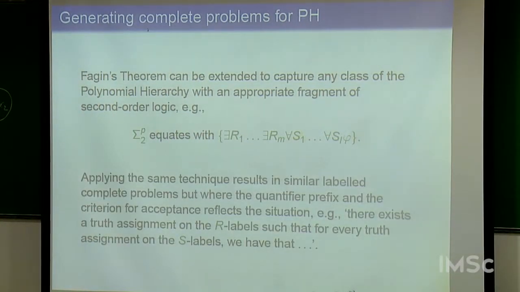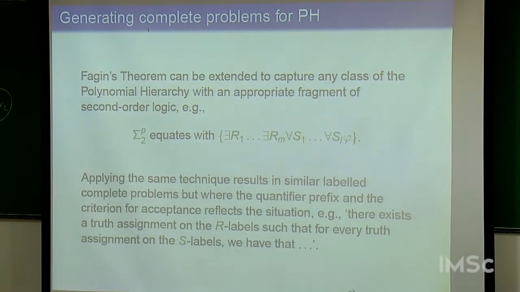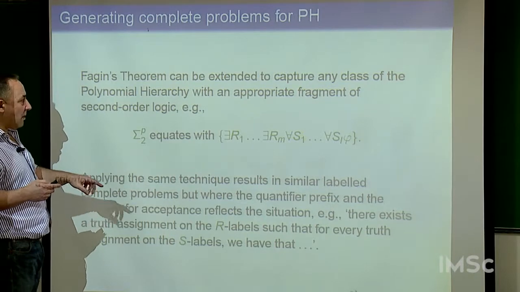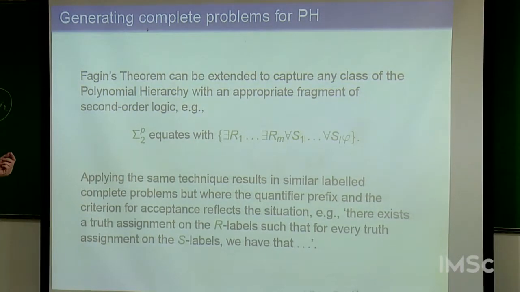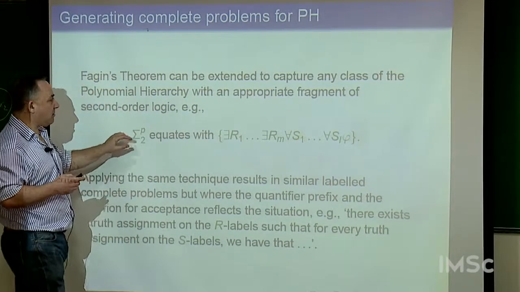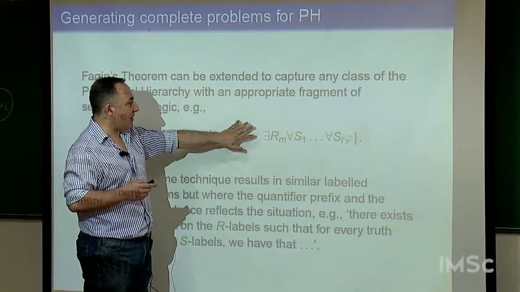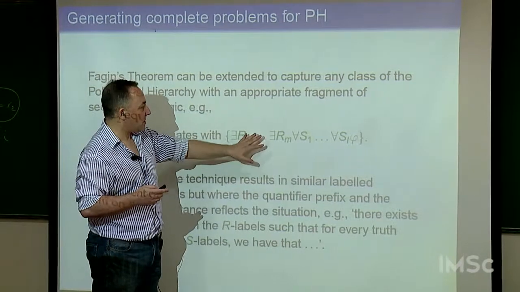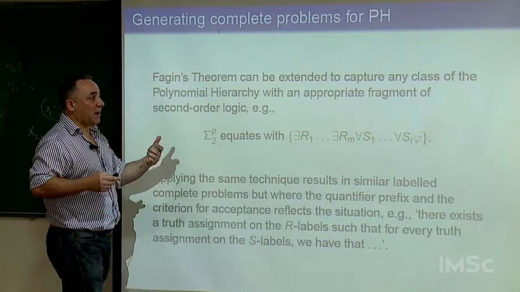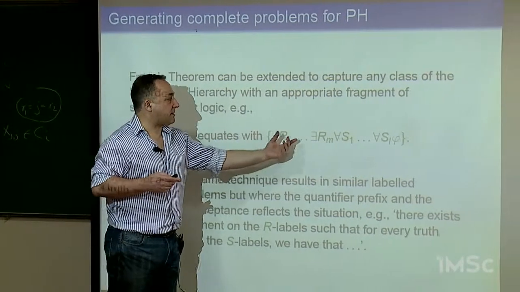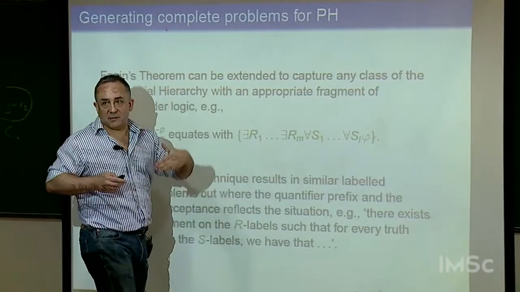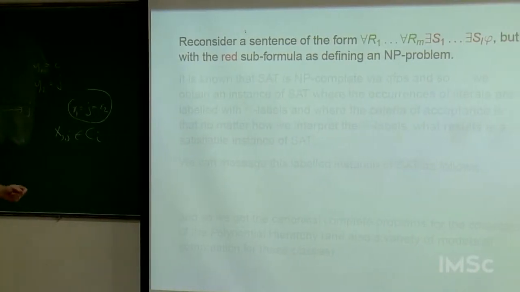Now we're going to apply exactly the same technique, and we're going to get labeled structures just by doing exactly the same thing. So any problem in sigma P2 can be described by a labeled structure so that there'll be some R labels and some S labels. And I want to find an assignment so that there exists some truth assignment on the R's, such that for every truth assignment on the S's, something is true.